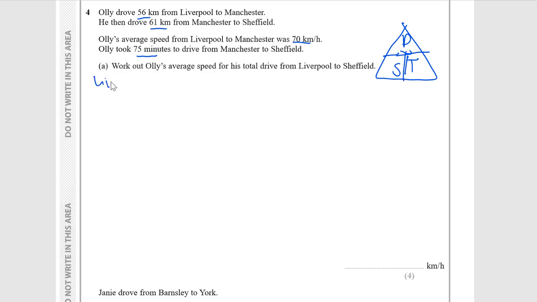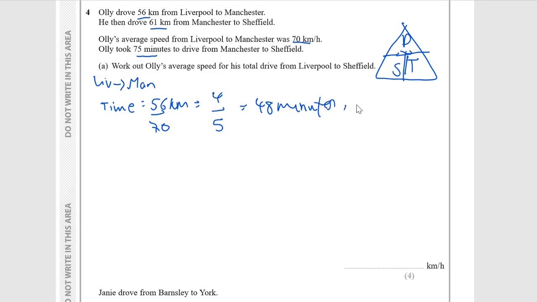So he went from Liverpool to Manchester, and the time it took him was, so 56 kilometers was the distance, and he was driving at 70 kilometers per hour, which is simplified to 4 over 5, and this is equivalent to 48 minutes. Okay, because 4 over 5 times 60 is 48.